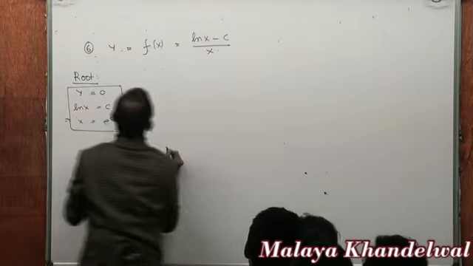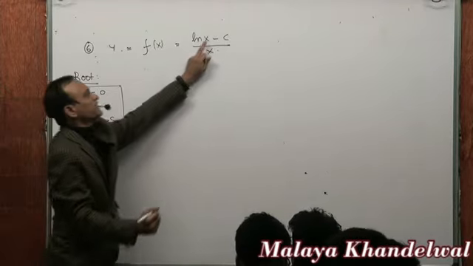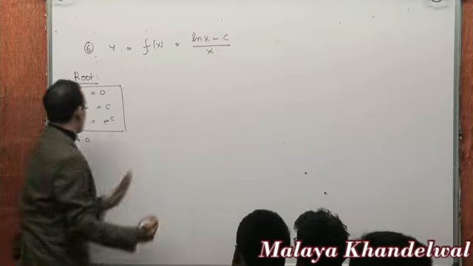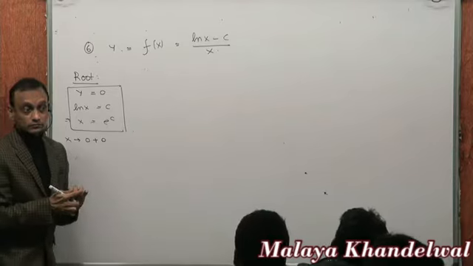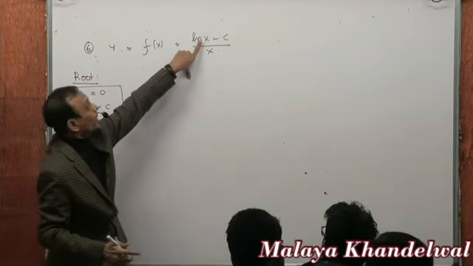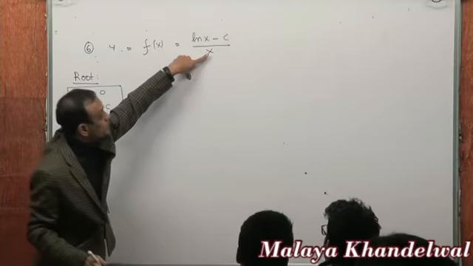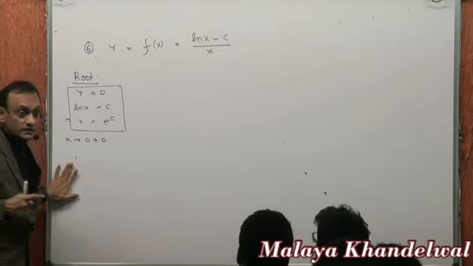Also notice that as x tends to 0, obviously from the greater than 0 side, because x less than 0 does not belong to the domain of this function, y tends to minus infinity, because ln x will tend to minus infinity. Yes or no?